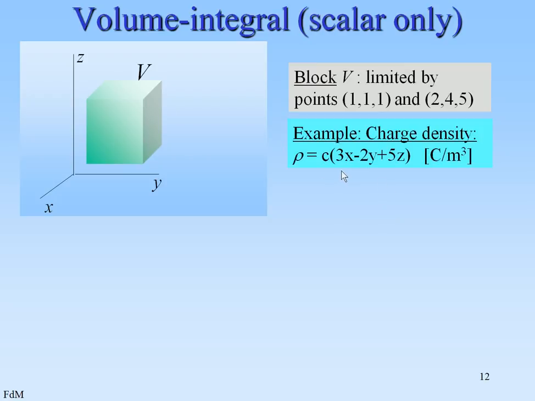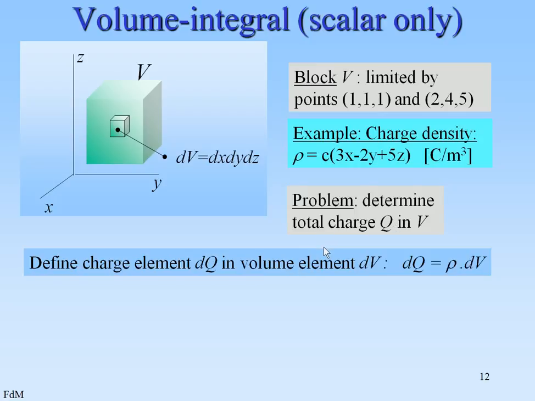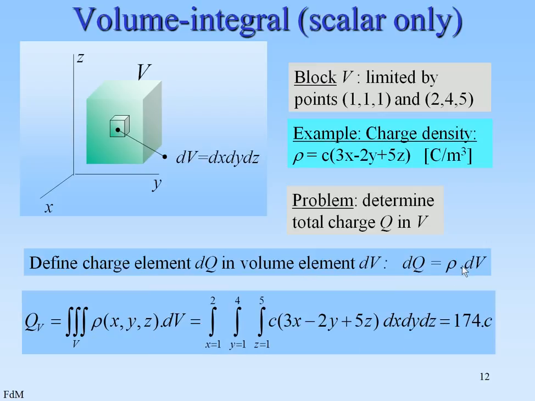And let's assume that we have a charge density rho equal to C times 3x minus 2y plus 5z in coulomb per cubic meter. And determine the total charge Q in V. We have a charge element dV is dx dy dz, and of course we can perform the integrations here, and we end up with 174 times C.